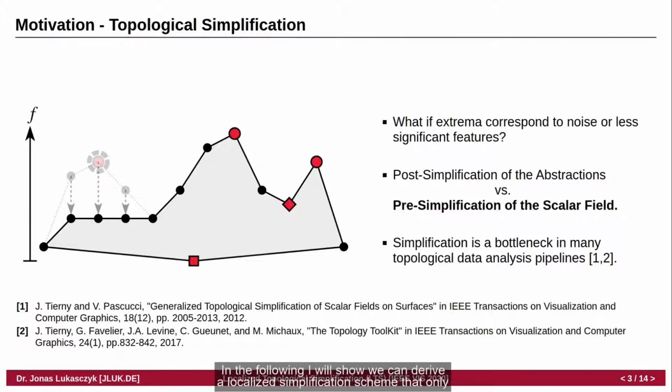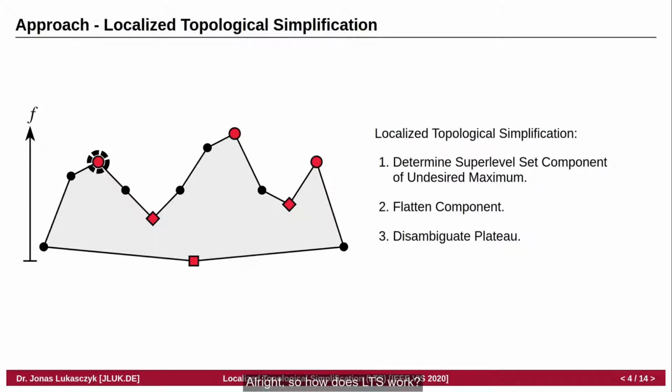In the following, I will show how we can derive a localized simplification scheme that only processes the parts of the input field that actually need to be simplified, and how we can even parallelize this process. Alright, so how does LTS work? I will explain this now from the perspective of removing maxima, but the case of removing minima is symmetrical.